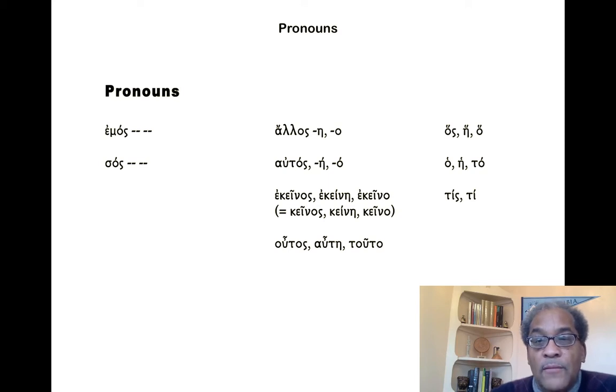So each of these, ekgenos and hutos, has its own particular usage. Ekgenos being equivalent to the English that, pointing to something that's more remote to the speaker, and hutos being the equivalent of this, something that's closer to the speaker.